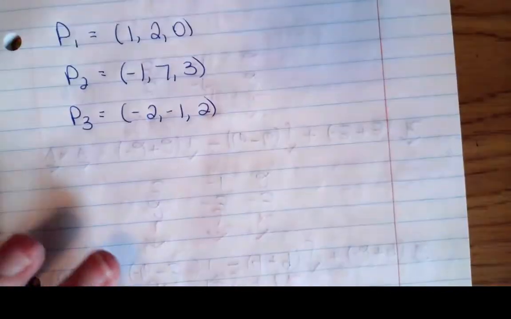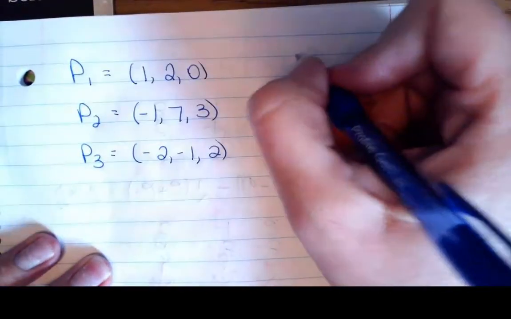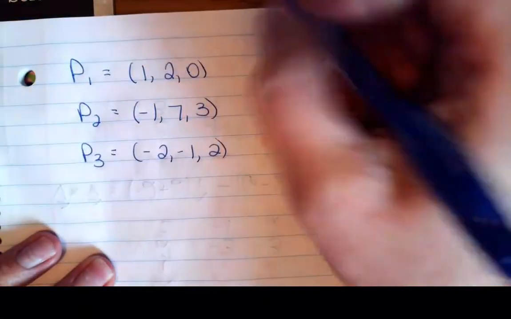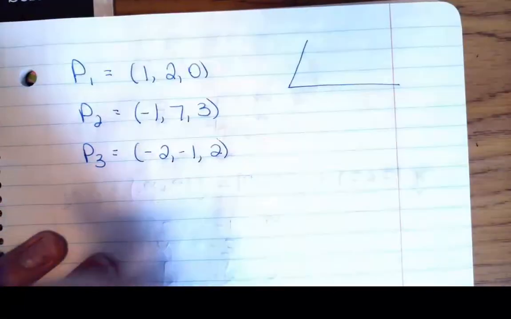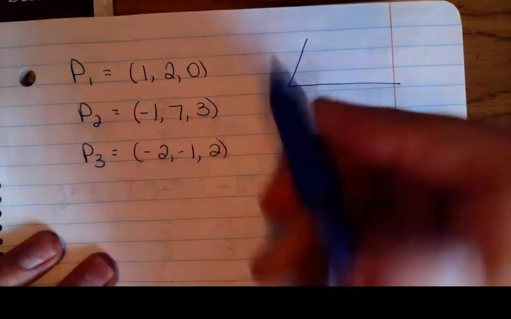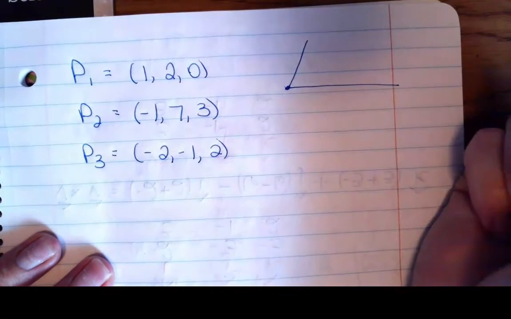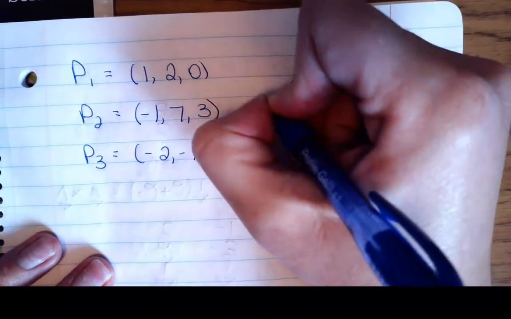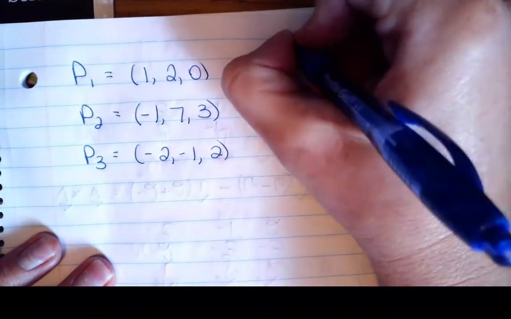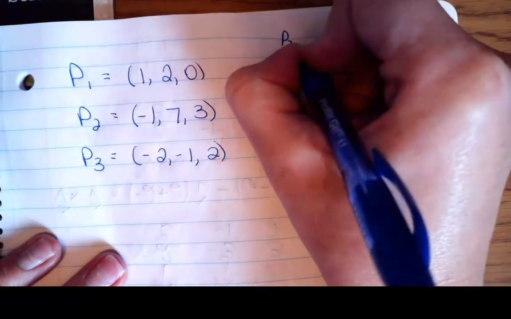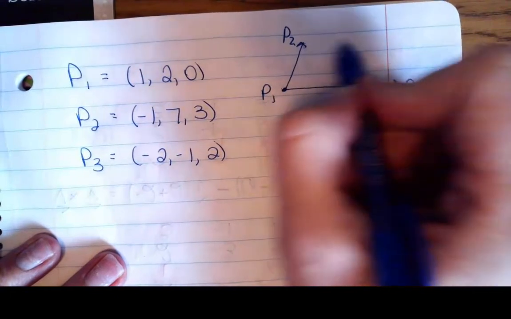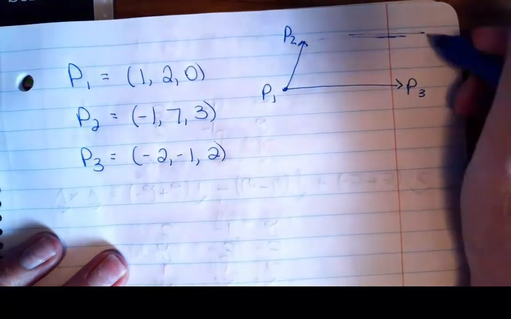So basically what we have is I'm told that the corner of this parallelogram is at 1, 2, 0. So P1, and then I've got a vector to P2 and a vector to P3. Okay, and if you look at that, that makes a parallelogram.